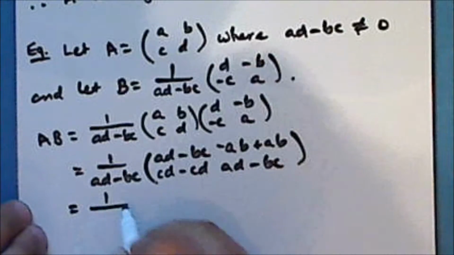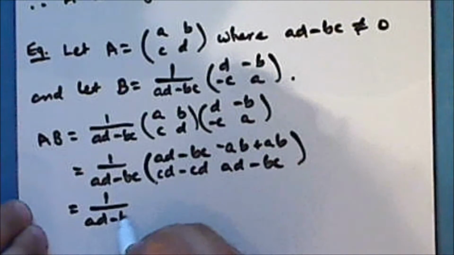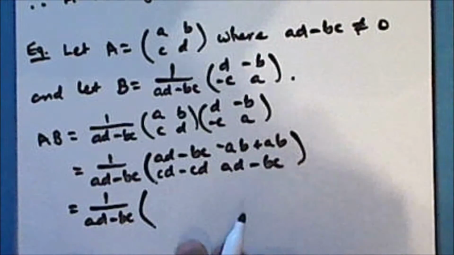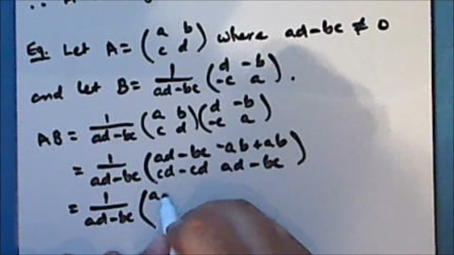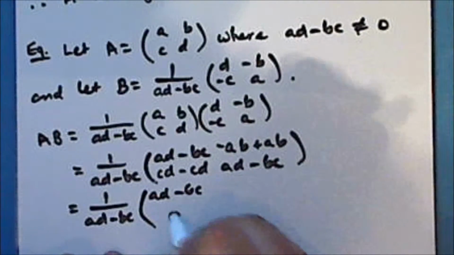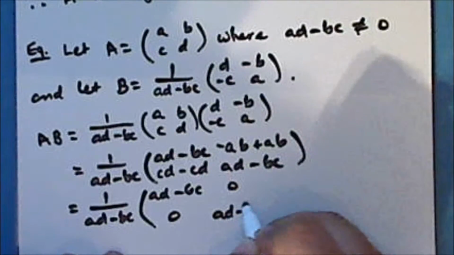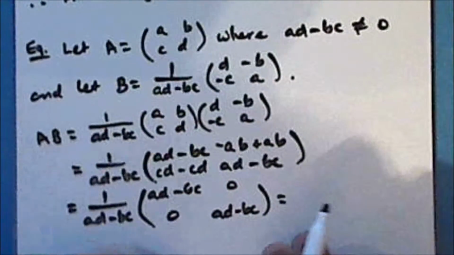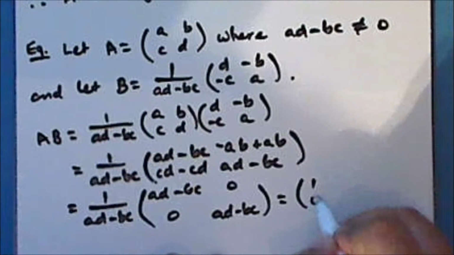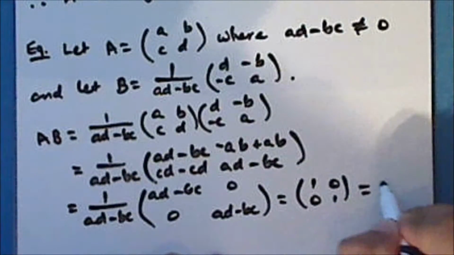And so this is 1 over a times d minus b times c, times the matrix with columns a times d minus b times c, 0, and 0, a times d minus b times c, which is the 2 by 2 identity matrix.